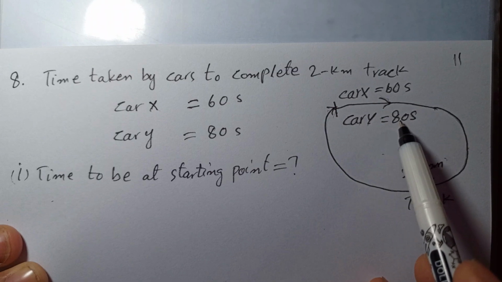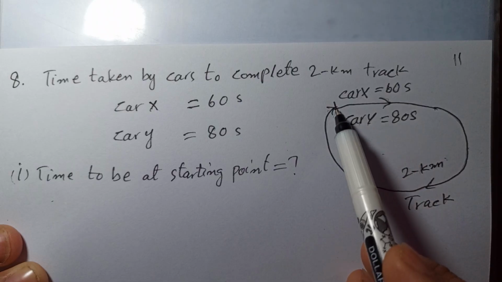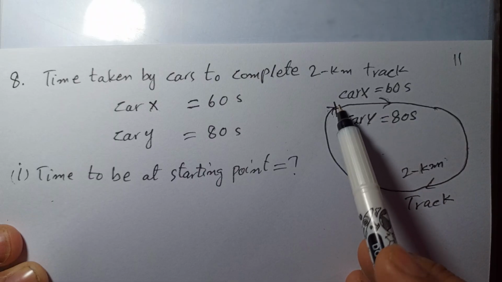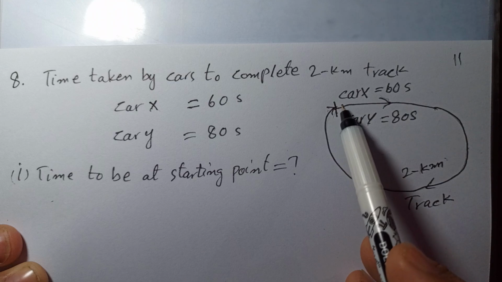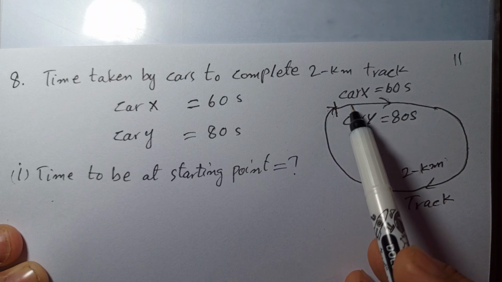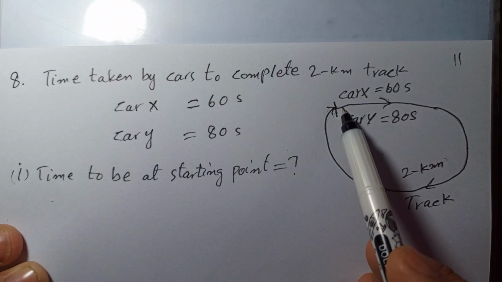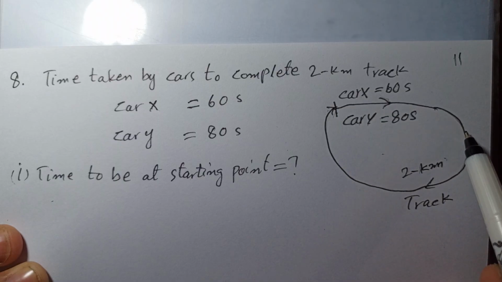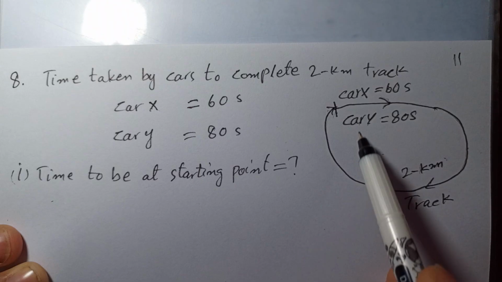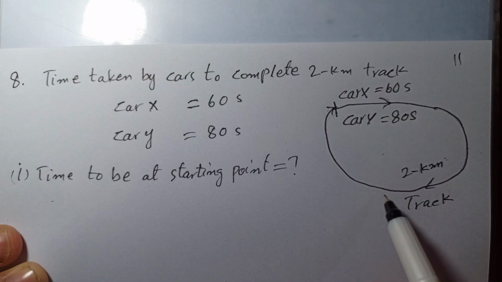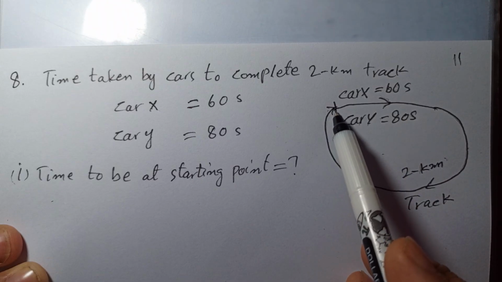At the same time car Y also starts from here. Let's say at 2:45 car X started, and at 2:45 car Y started from here, and car Y takes 80 seconds to come back here.